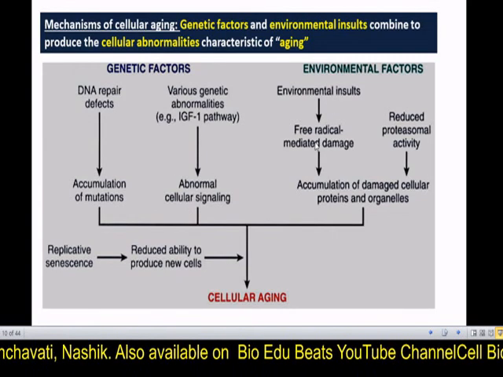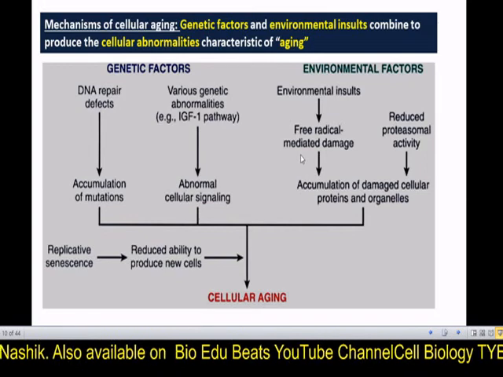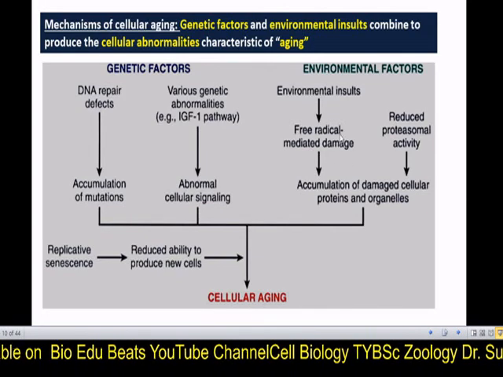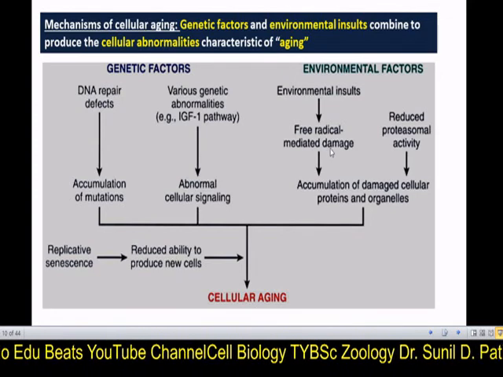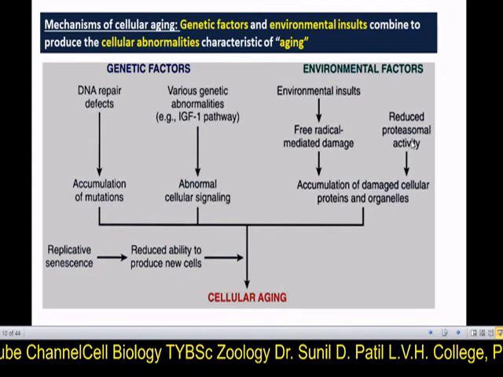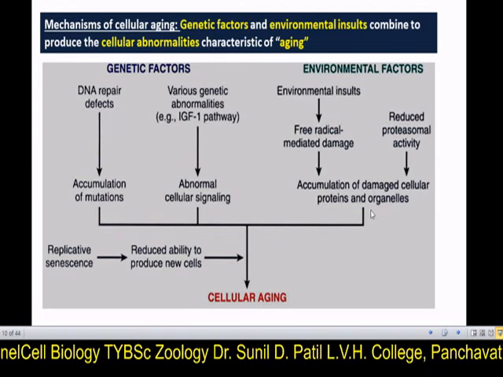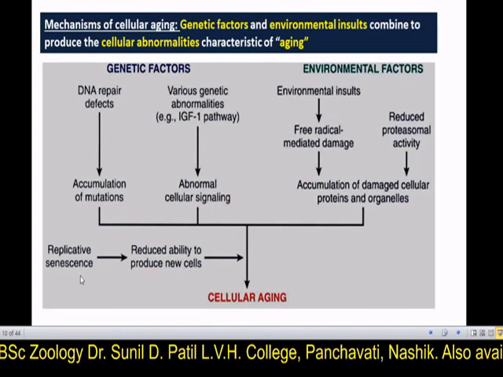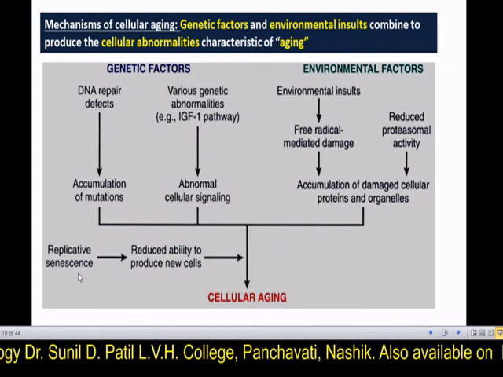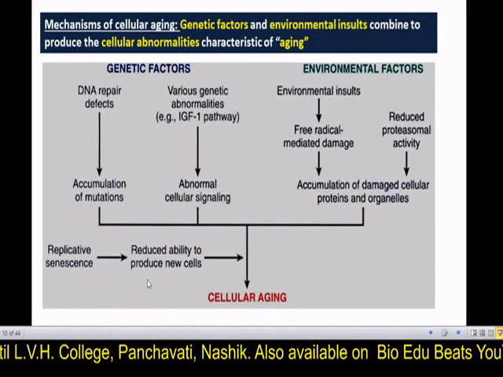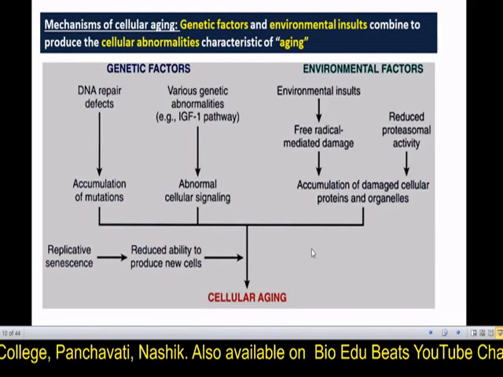Then environmental insult, including the free radical, which causes damage to the mitochondria, ER, lipid, DNA. The reduced proteasomal activity, together, causes the cellular aging. There is also additional replicative senescence and reduced ability to produce new cells. These things cause the cellular aging.